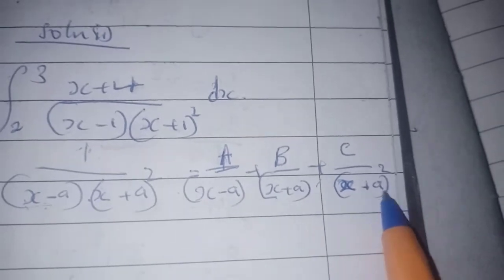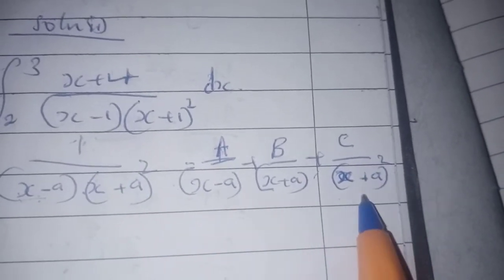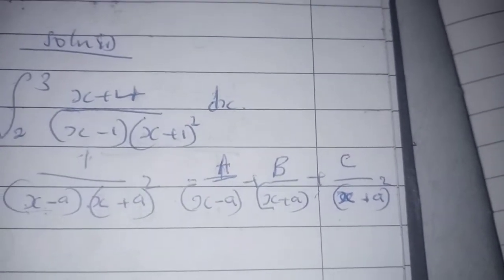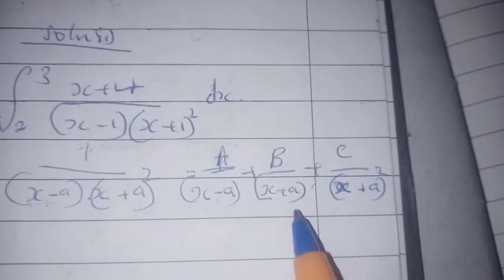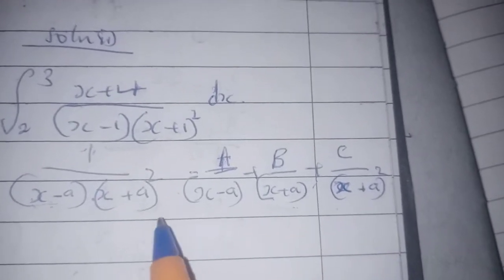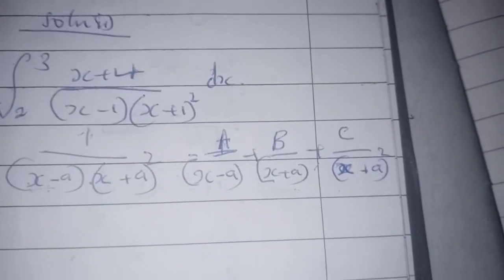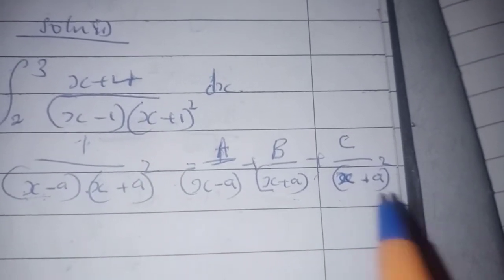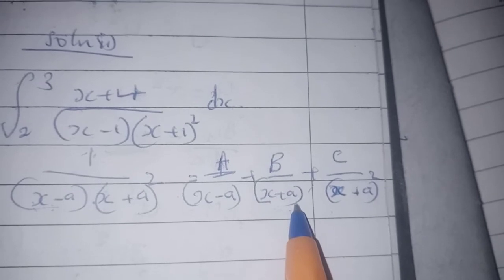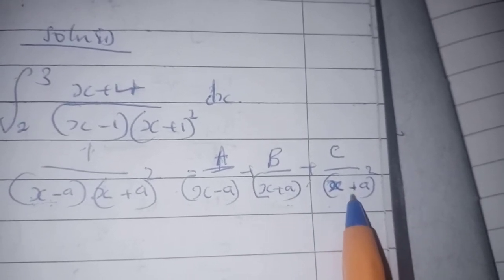If you write only (x plus a) squared, then maybe you don't know whether there was the other term. The LCM of x plus a and (x plus a) squared is just (x plus a) squared.